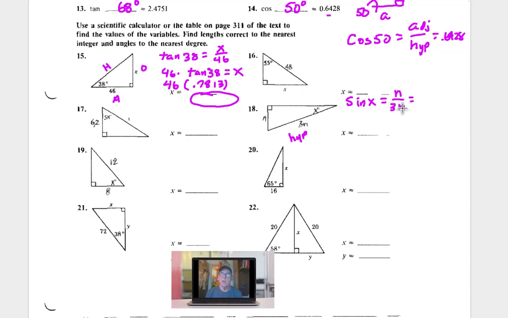Now n over 3n, taking n out, we get 1 over 3, which is 0.3333 repeating. So we're going to go to our table, find the closest decimal to 0.3333, and that's going to be the angle that goes with the sine of x.